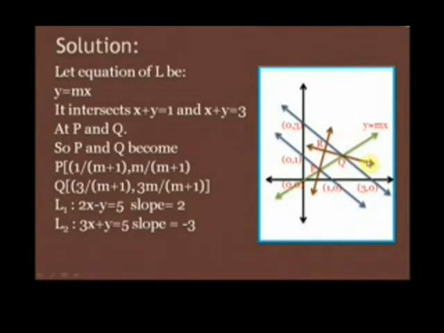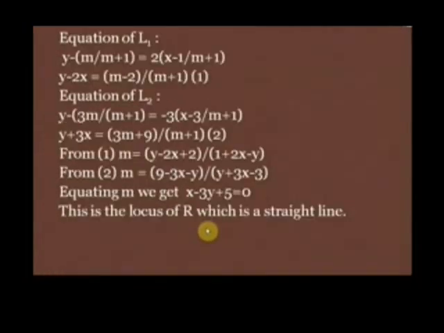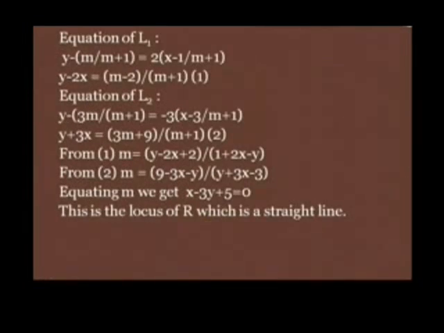Now it has been given that we draw lines passing through P and Q but parallel to L1 and L2. Now the slope of line L1 is 2 and the slope of line L2 is equal to minus 3. So the equation of L1 becomes y minus m by m plus 1 equal to 2 times x minus 1 divided by m plus 1, or we can reduce it as y minus 2x equal to m minus 2 divided by m plus 1.